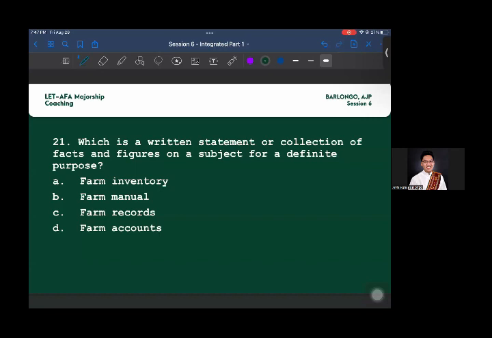So, I hope that you have had your dinner. One of the things that I realized then is that you can even review for this exam while you're taking your dinner. For example, kanina while eating, I asked myself, what are the scientific names of the food na kinakain ko?